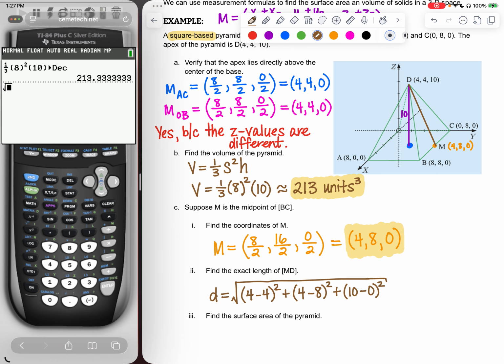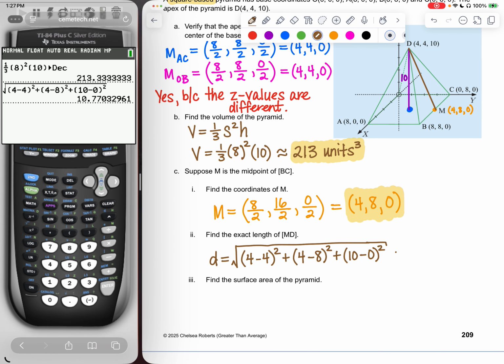When I put that into the calculator, please make sure you are careful at what you type in, because one wrong thing can throw everything off. So when I do that, I will end up getting approximately 10.8 units. All right, because that is my length.